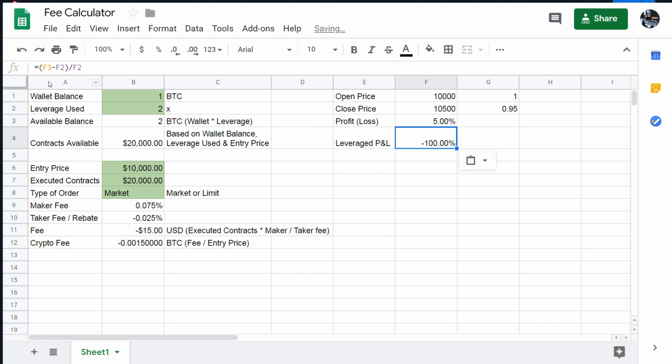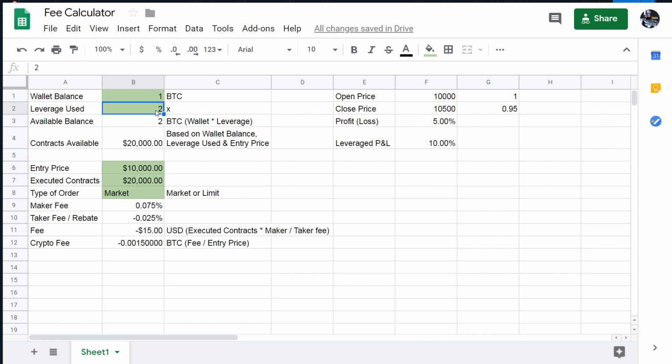So now we're going to take F2 minus F1 divided by F1, and then we're going to multiply this by the leverage used. So now we have a leveraged profit and loss of 10%. If I increase this, it's going to continue to increase or decrease more and more, based on how much leverage I'm using.